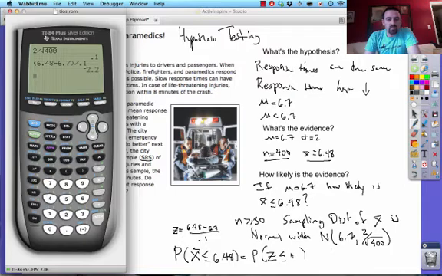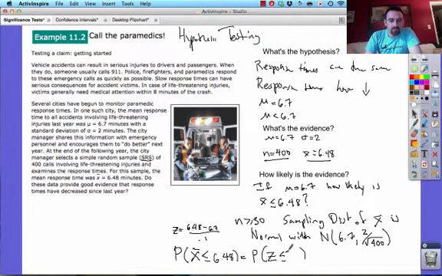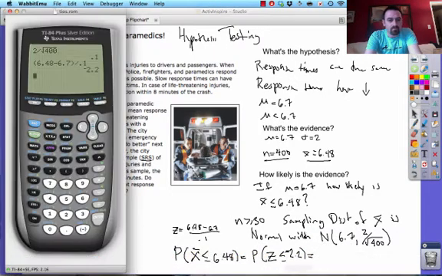So we get a z-score of negative 2.2. Now we know this is a normal curve, so we can go ahead and use normal CDF to find the probability that this happens. So we're going from negative infinity to negative 2.2, with a mean of 0 and a standard deviation of 1. So the chance of this happening is 0.013.